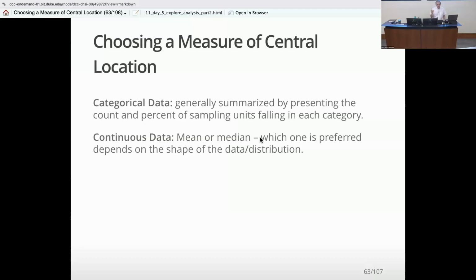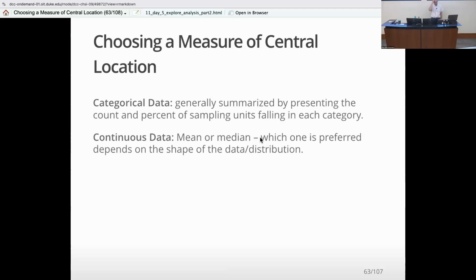And what sort of measure you use depends on the type of data. So for continuous data, whether you use mean or median or something else, it really depends on the shape of the distribution. For categorical data, like we saw, it often doesn't make sense to use mean or median. And so there are other measures of central tendency that make sense.